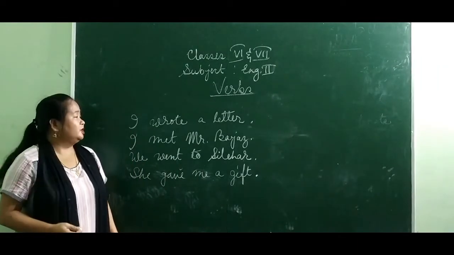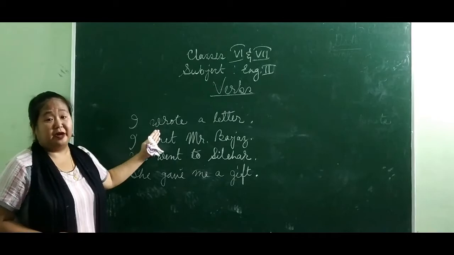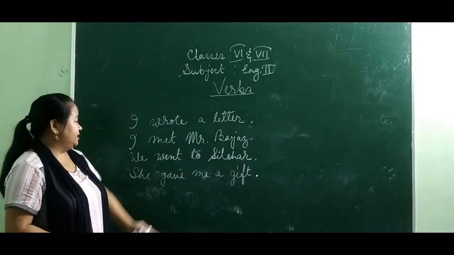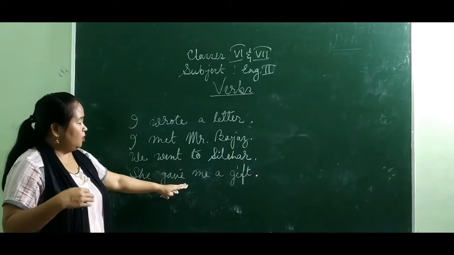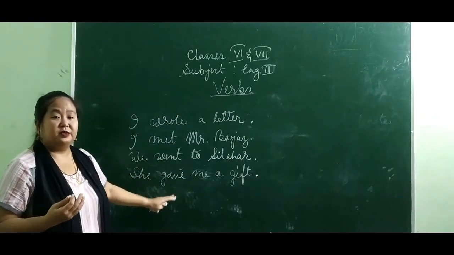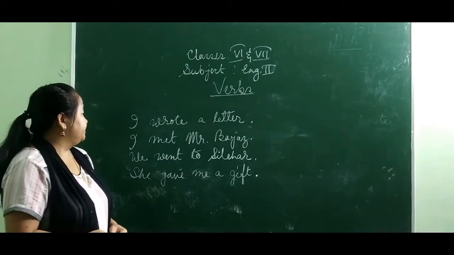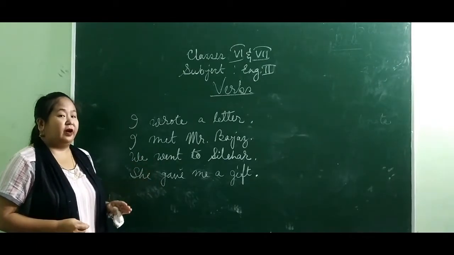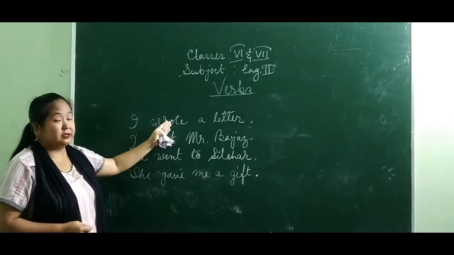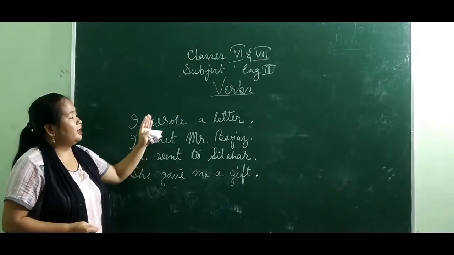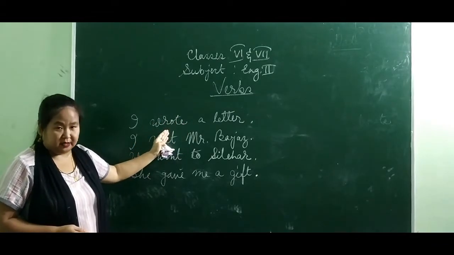Now let me teach you how to find out whether the given verb is a transitive verb or an intransitive verb, and what is a direct object or indirect object, because it is there in your exercises. In order to find out whether the given verb is transitive or intransitive, first of all we need to check whether an object is available in the sentence or not.